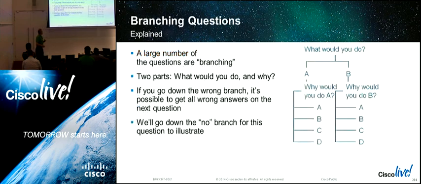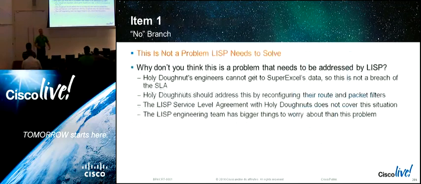Or if you go down the no branch, which in this case is wrong, you may be presented a set of questions asking you why you don't think it's a problem, right? And when you get a branching question, you really never know which part of the question is being graded, and whether it's a correct answer with justification versus a wrong answer with justification.